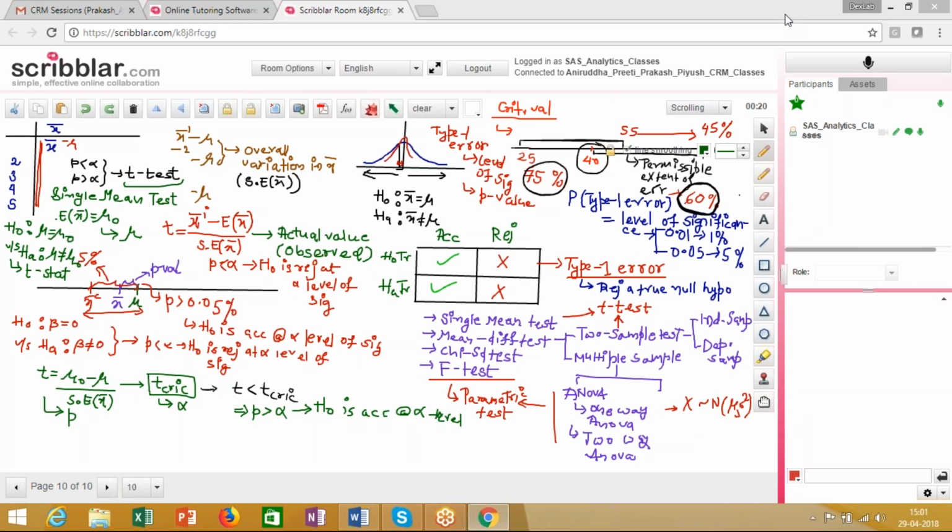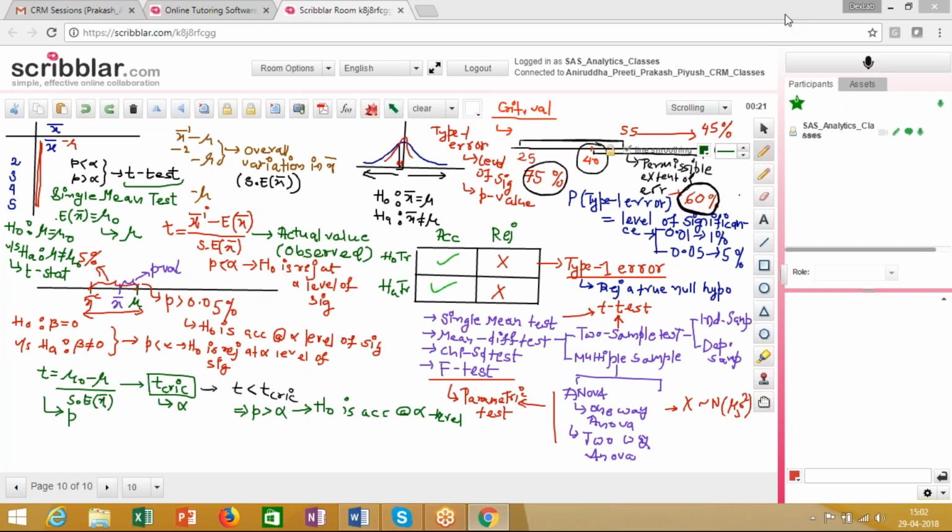So suppose I see that there are two assets which give more or less similar returns, but the return of asset A is greater than the return of asset B. The question that I ask myself is whether that difference is significant. So this is where the story of the mean difference t-test also comes in.